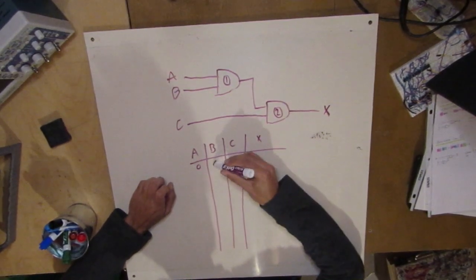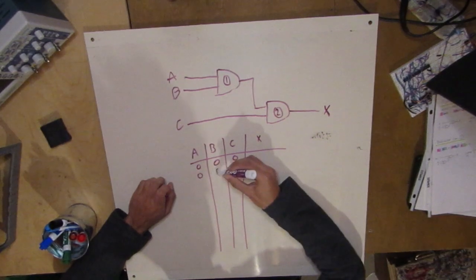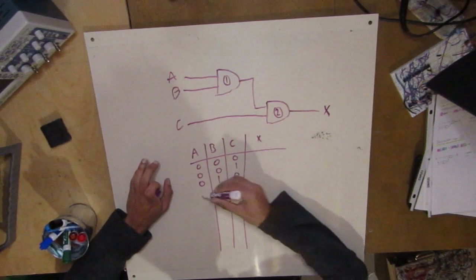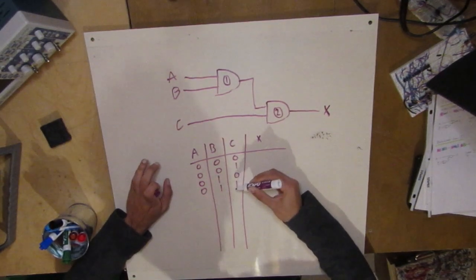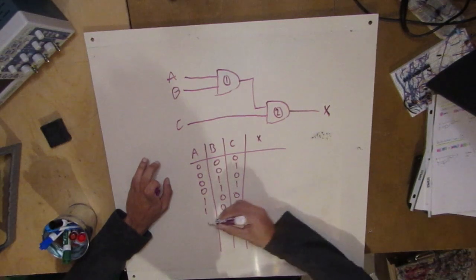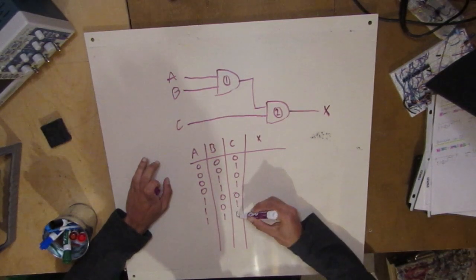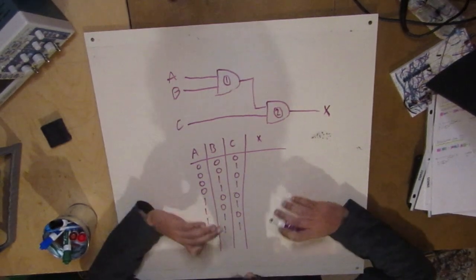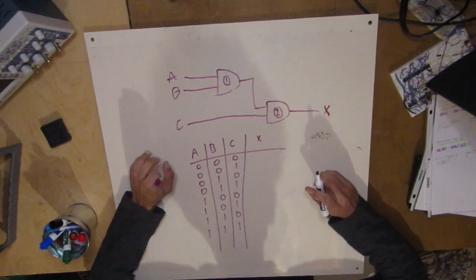All of them are off; only C is on; only B is on; B and C are on; just A is on; A and C; A and B; and all of them on at the same time. These are all the different combinations. There's 8 of them.